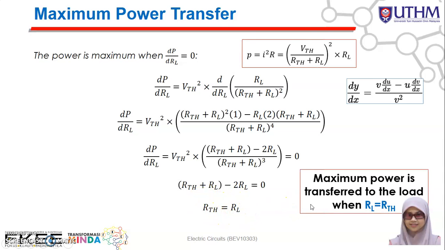Okay, so it is proven that the maximum power is transferred to the load when your RL is equal to your R Thevenin. This is what is stated by the maximum power transfer theorem.